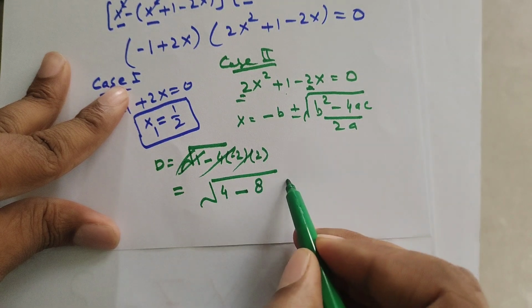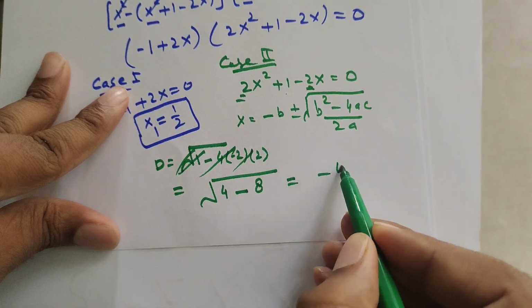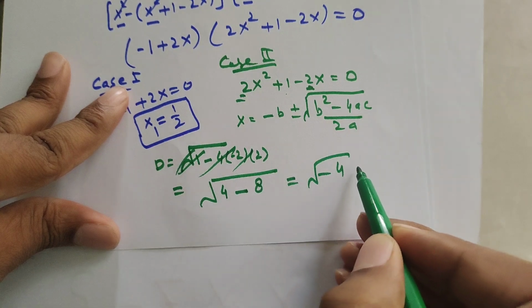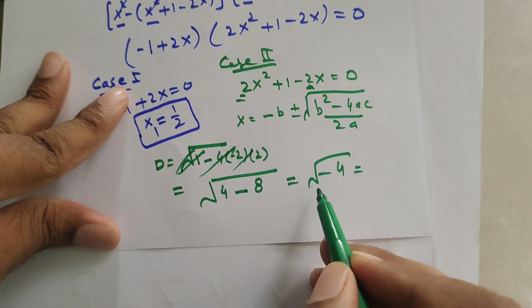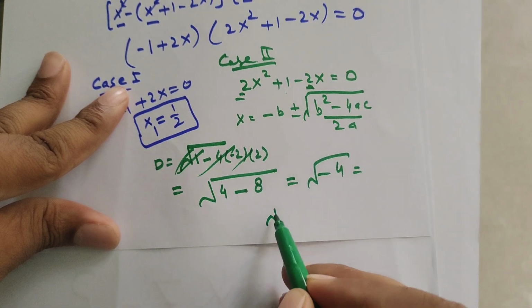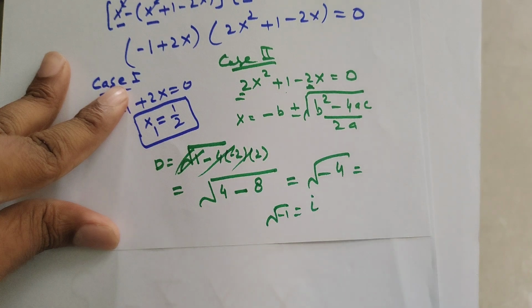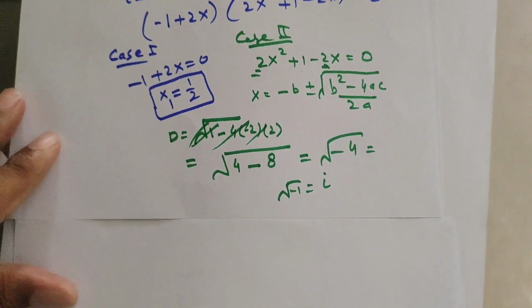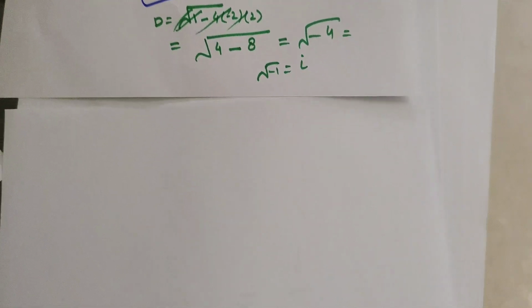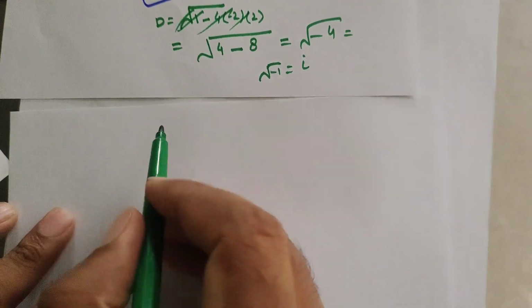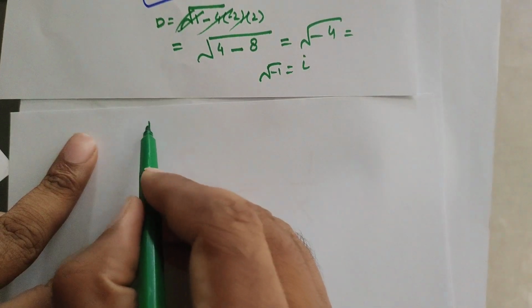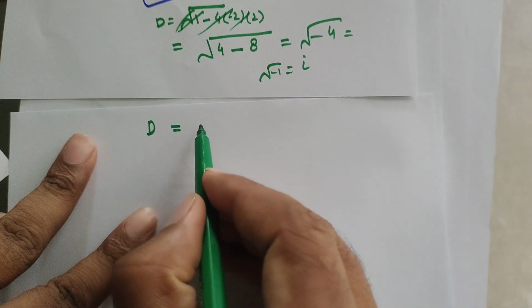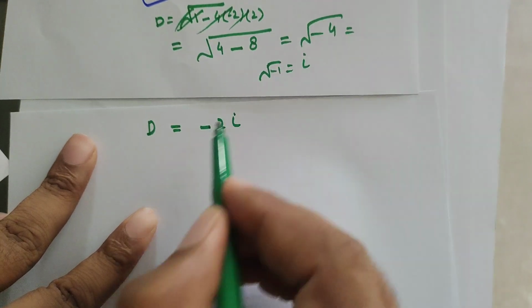If I rewrite it, it is simply minus 4, and by taking the square root, we know that the square root of minus 1 is simply iota. By using these factors, the square root of d will be 2 iota.